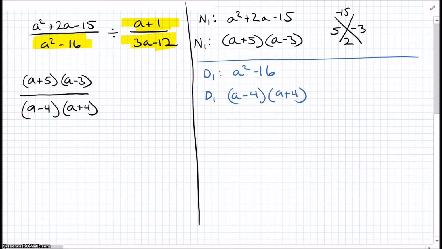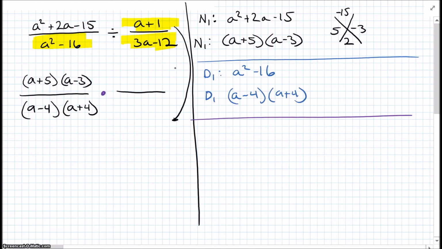Instead of dividing by this, we're going to multiply by the reciprocal. So I'm going to flip this on the bottom and that on the top, because multiplying by the reciprocal is the same thing as dividing by a number. The numerator 2 is already in easy form, a plus 1, so we're just going to plug that in right here.